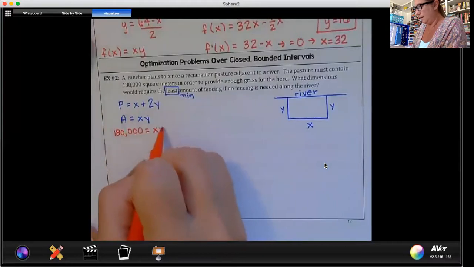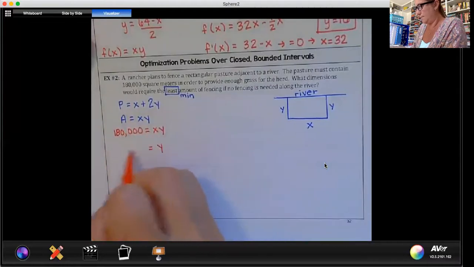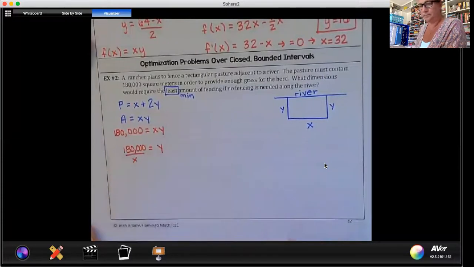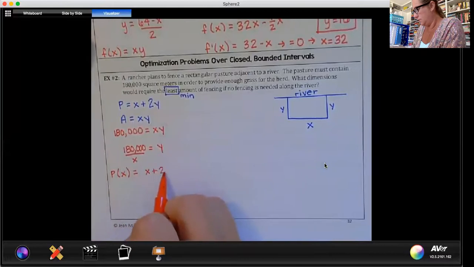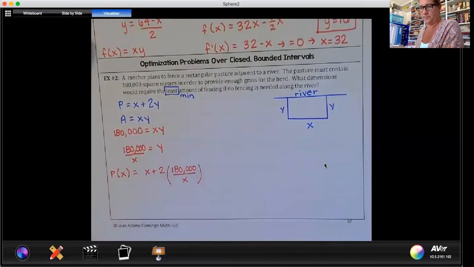We're going to divide by x and solve for y. And then we're going to substitute. So P of x, our perimeter, is going to be x plus 2y. And we're going to get rid of these parentheses.